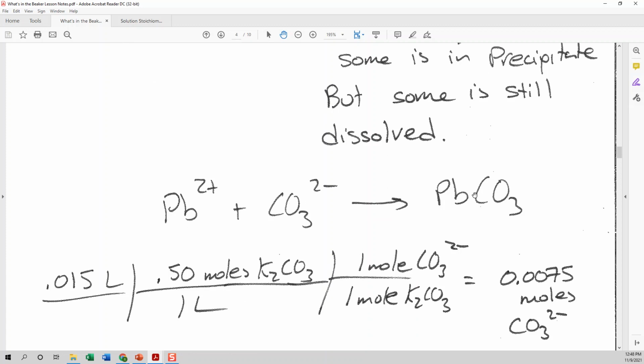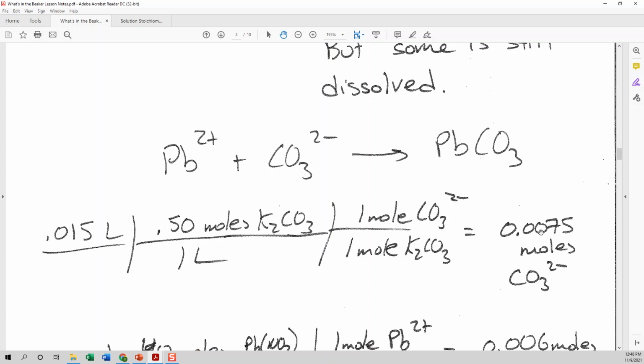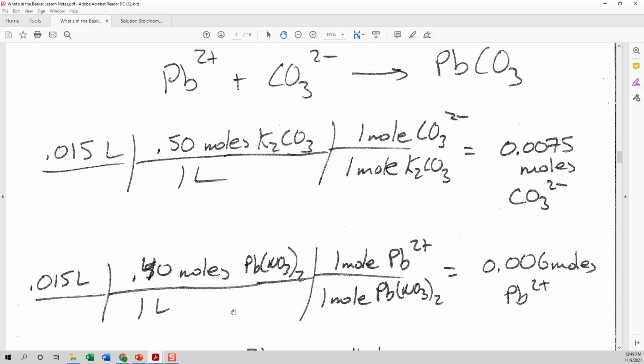So again, it's a 1-to-1 ratio, and it was 15 milliliters of 0.5 molar solution of potassium carbonate. So liters times molarity gives me moles of potassium carbonate. The subscript of carbonate in this is 1, so it's a 1-to-1 ratio. So I'm starting with 0.0075 moles of carbonate, and if we do the same thing for the lead, notice the molarity was different, okay?